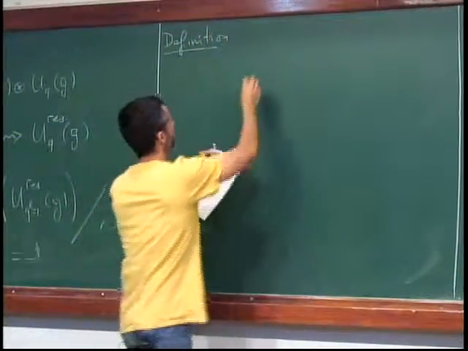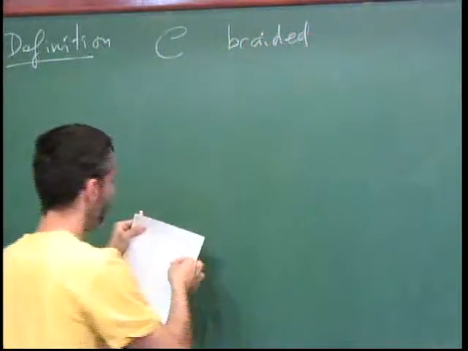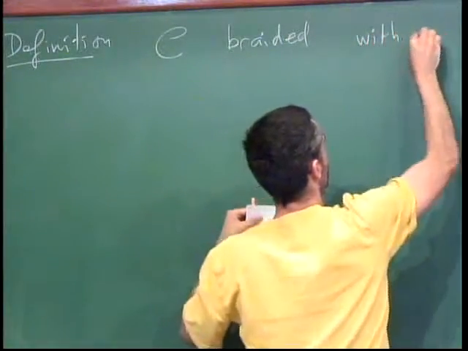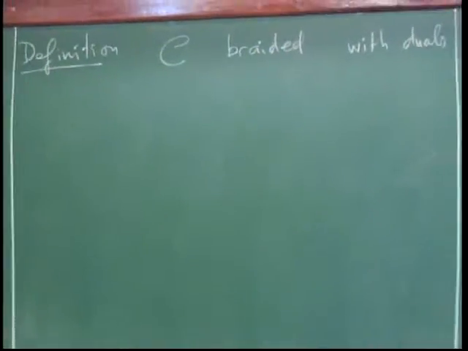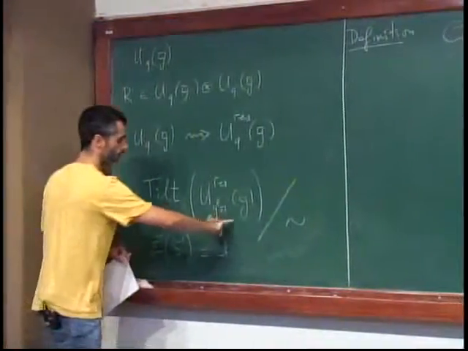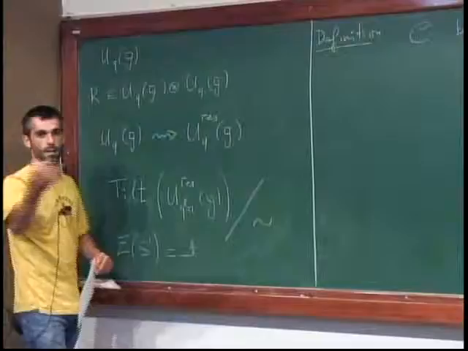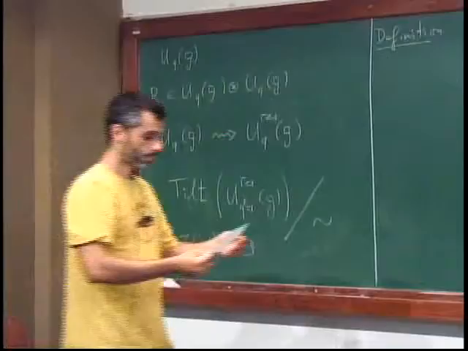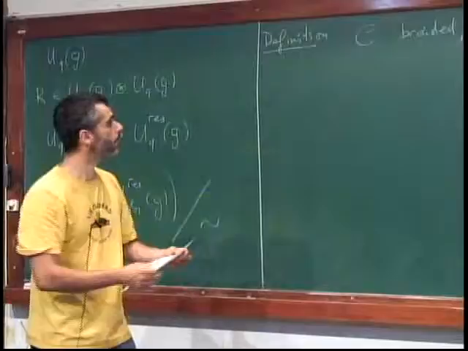So suppose that we're given a braided category and that every object has a dual in that category. So that's the setup that we have here. If you look at the category of modules for that, then given the R-matrix, you get all that structure. To make C into a ribbon category, we need an extra piece of data.